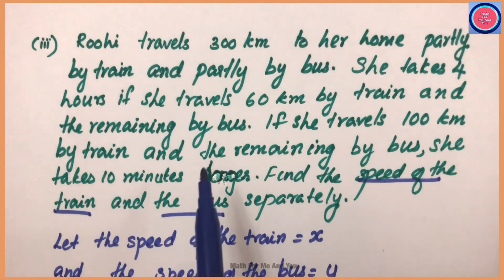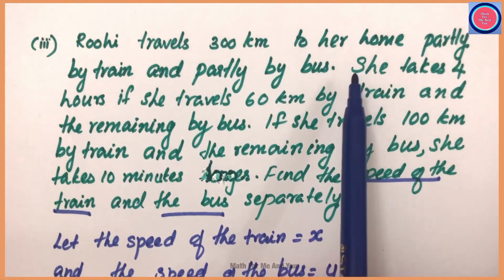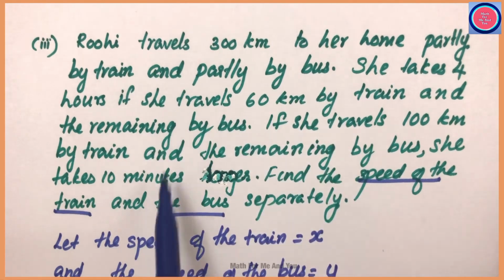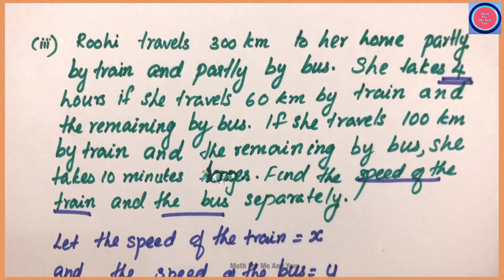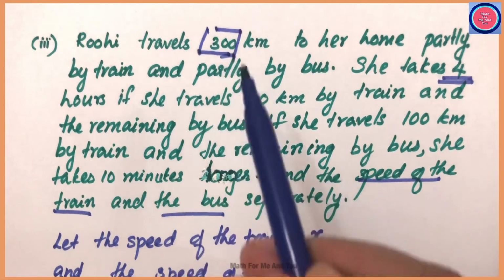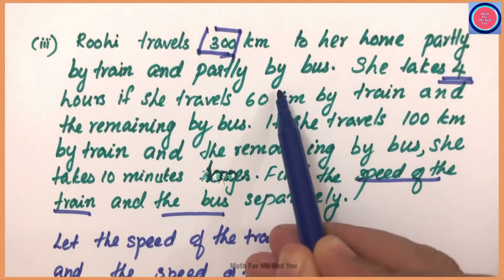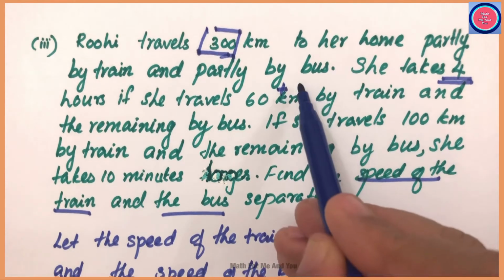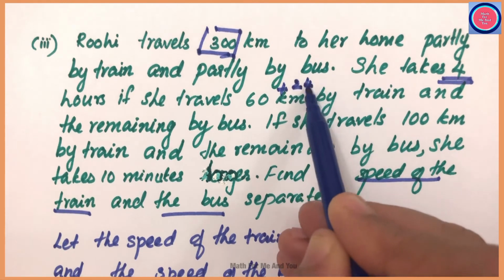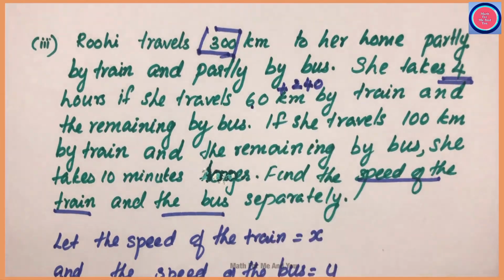When we read the sentence, it's given Ruhi travels 300 km totally. And she takes 4 hours if she travels 60 km by train and the remaining by bus. Total 300 km. If she travels 60 km by train, how many kilometers are remaining? Then the balance is 240, because 60 plus 240 is 300, or 300 minus 60 is 240.